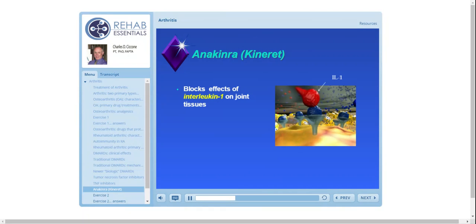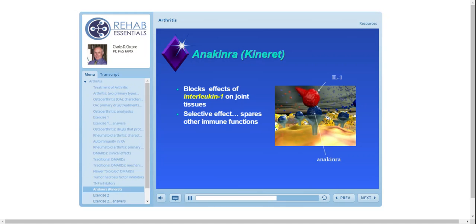The large red structure is the interleukin-1 molecule, and it's trying to attach to a receptor on the joint. But the drug is blocking that effect. The drug is a true blocker. It sits on the receptor so that the interleukin-1 cannot attach to the receptor and cannot cause joint tissue destruction or damage.